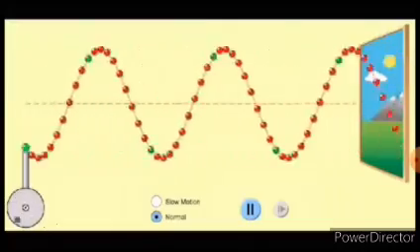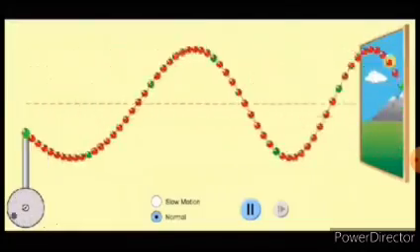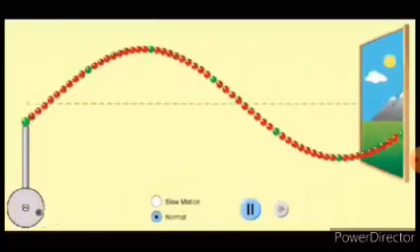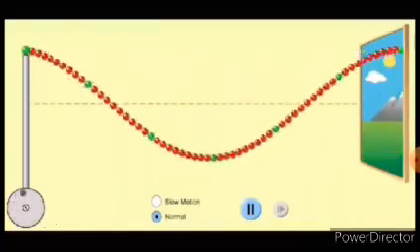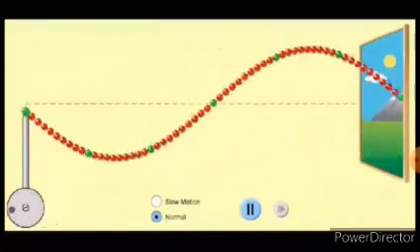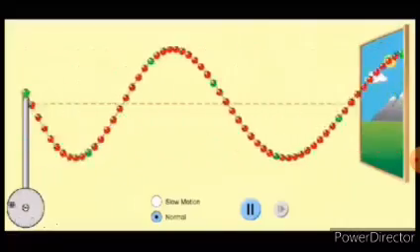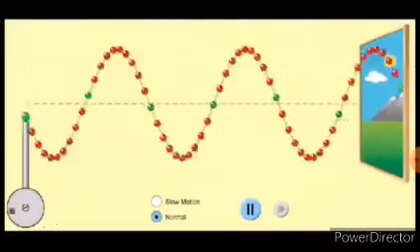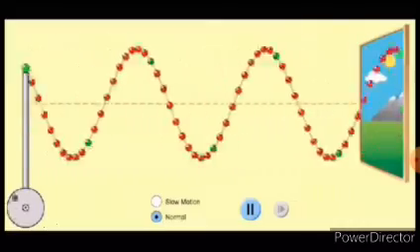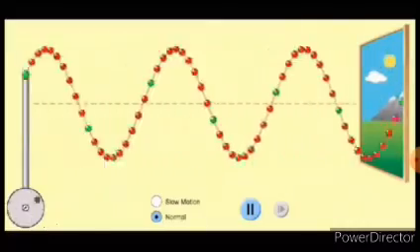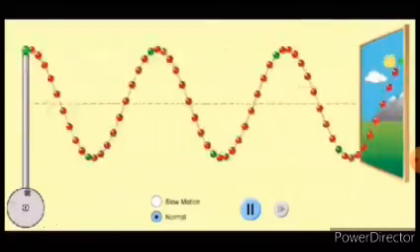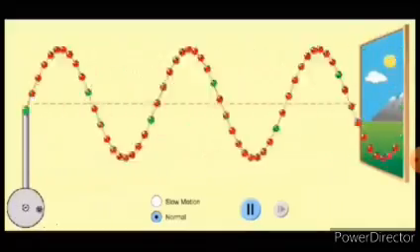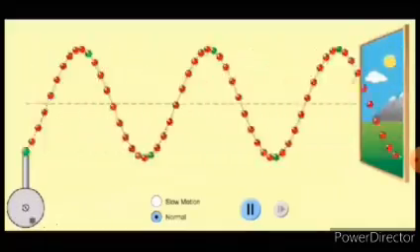As you notice, when I increase the frequency and decrease the frequency, the wavelength changes as well. The wavelength increases if I decrease the frequency, and if I increase the frequency like this, clearly the wavelength decreases. That means that they are inversely proportional to each other.